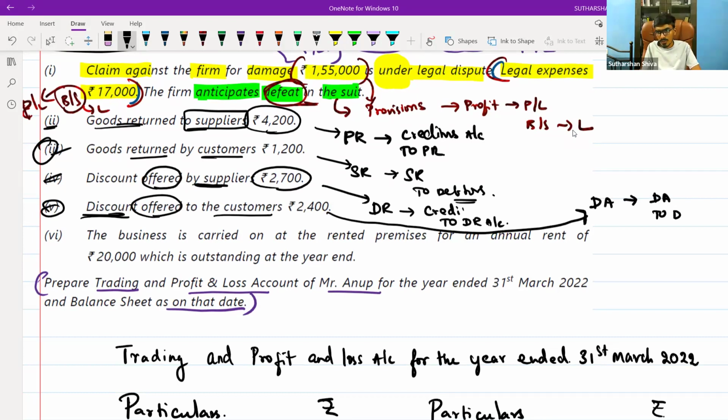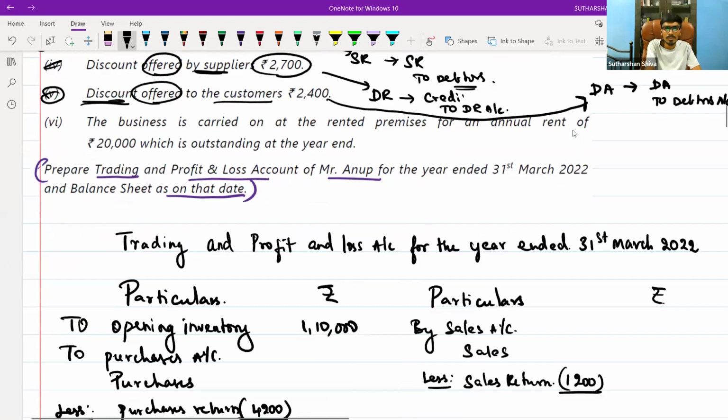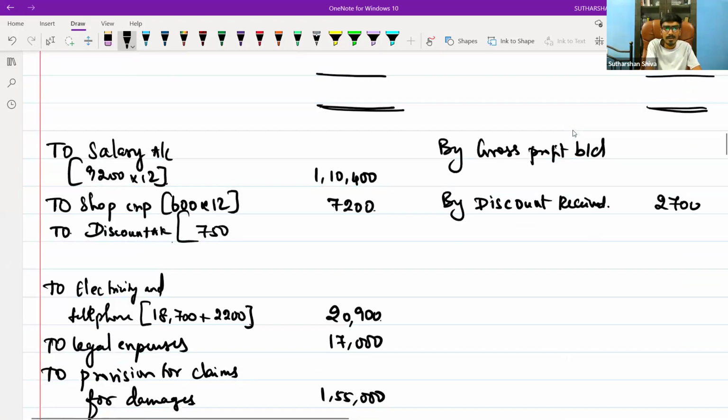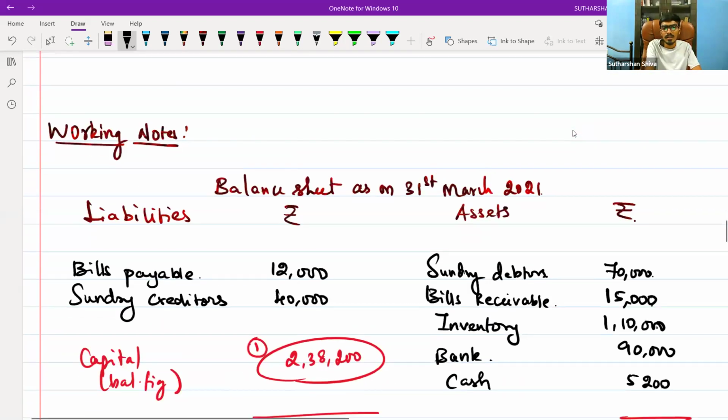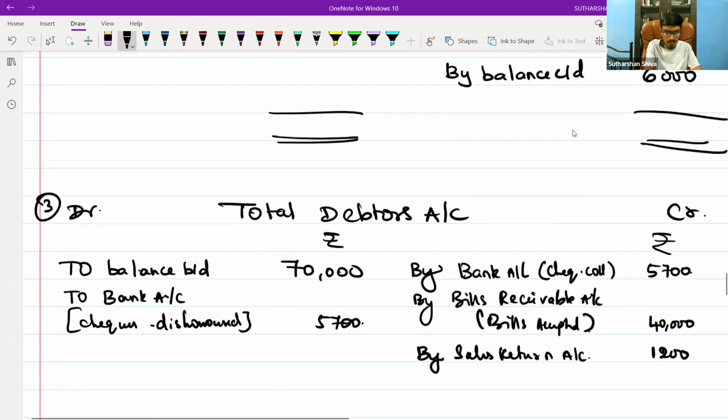Discount allowed to debtors. It is going to affect my discount. This 250 I will add and show. What is this value? 2400 plus 750, 3150.